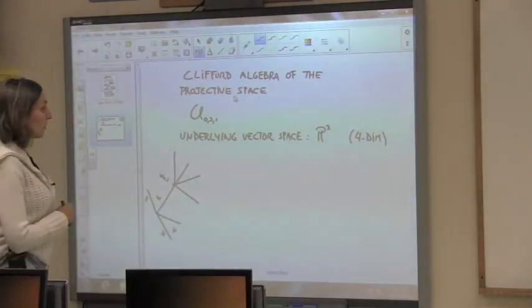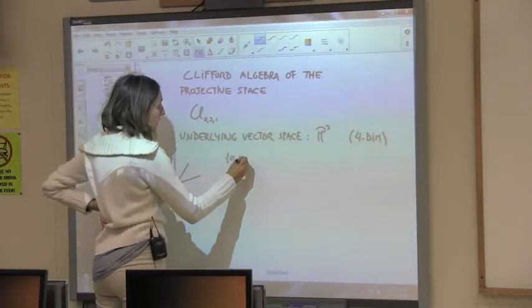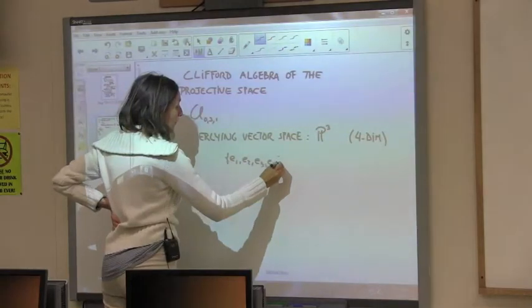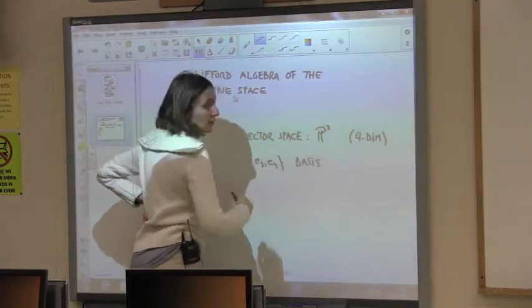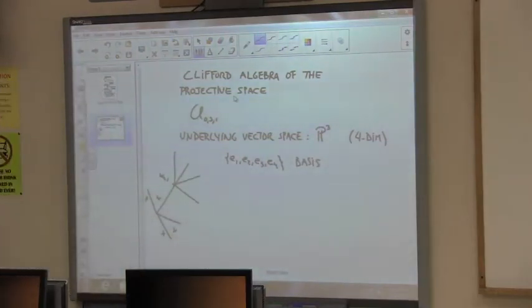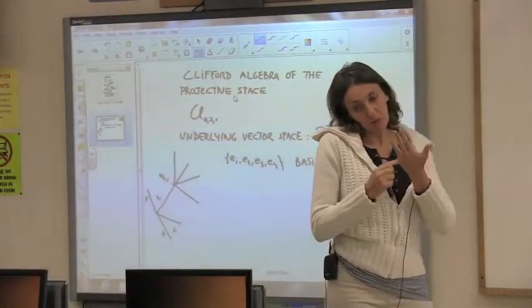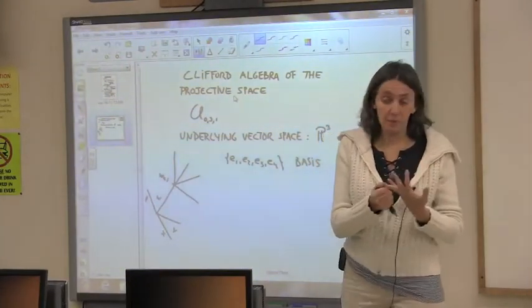So this is P3, 4-dimensional space, basis vectors E1, E2, E3, E4. And now, in order to do the Clifford product or the geometric product, we need to use the outer product of Grassmann, and then we need to define a scalar product.